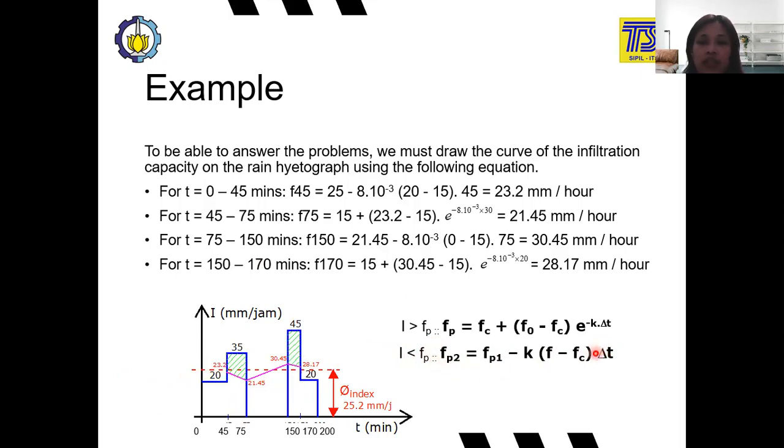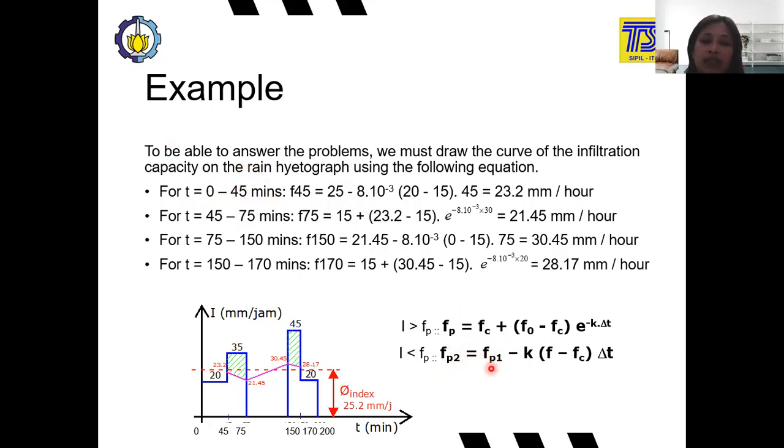So the equation is FP2 equals FP1 minus K times (F minus FC) times delta T. And then we use the numbers that we already knew from the data. For example, FP1 is 25 because FP1 is time step 1 and FP2 is time step 2. Here we have time step 1 as 0, and then time step 2 as 45 minutes.